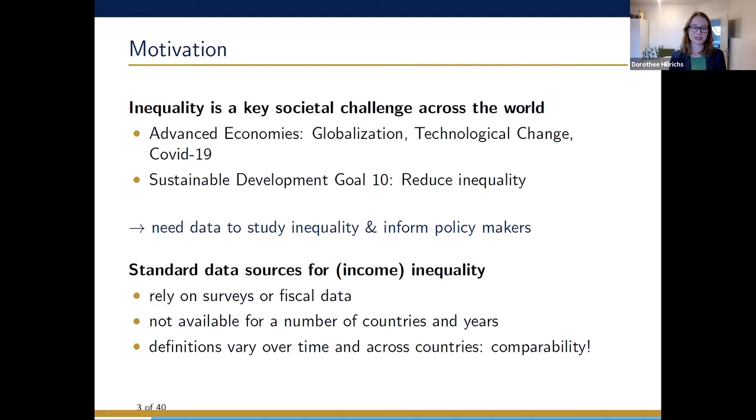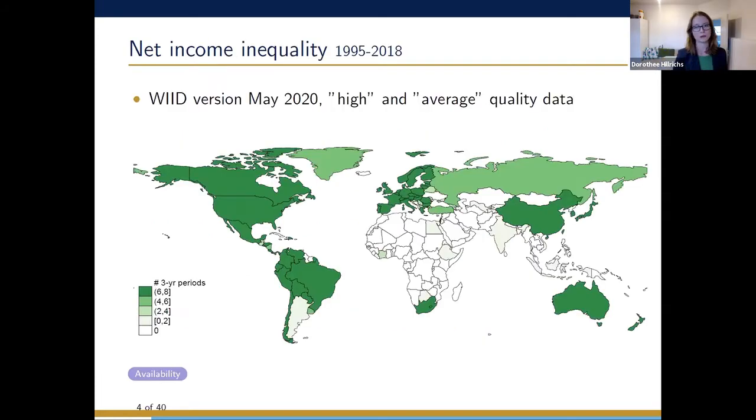So because of these challenges, for a number of countries and years, inequality data is not really available, or we have this issue of comparability. To illustrate this point, I show you a map of the availability of net income inequality data for the time period that will be our sample, 1995 to 2018, so more than 20 years.